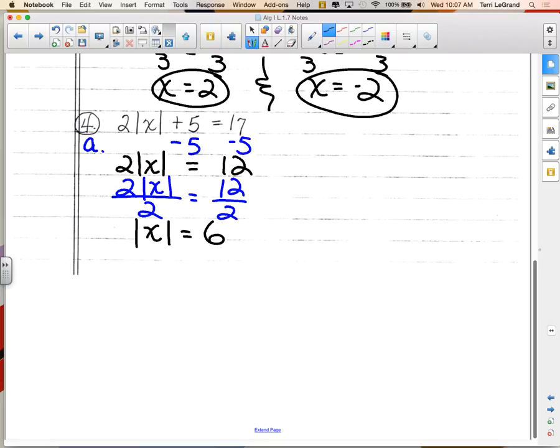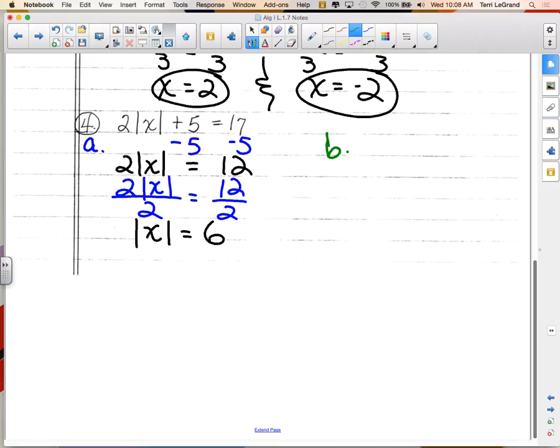Step A took a little bit. You had 2 things to do, didn't you? So you should end up with, when you're done with step A, the absolute value of x equals 6. So step B, we set up our 2 cases.